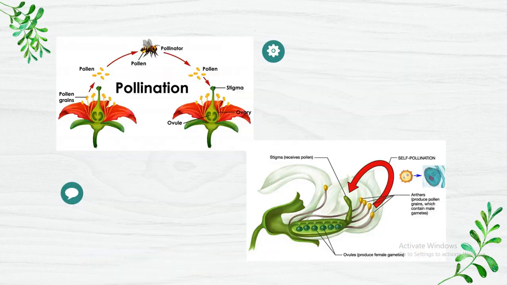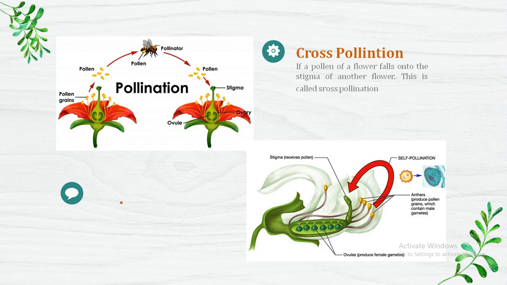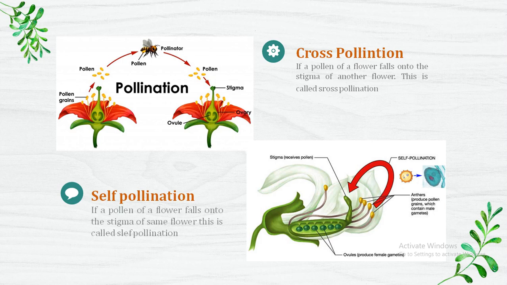Pollination is of two types. One is cross pollination and the other is self pollination. Now again we will discuss each type one by one. In cross pollination, pollen transfers from one flower to another flower, while in self pollination the pollen falls onto the stigma of the same flower.